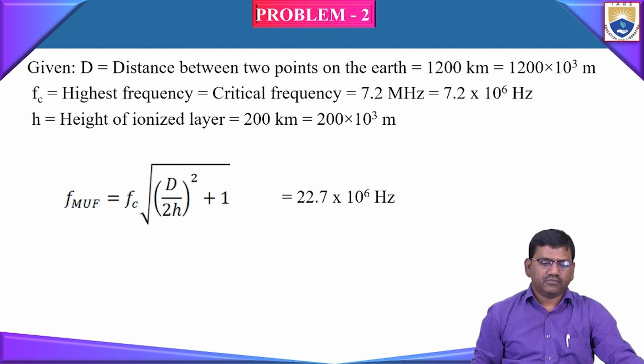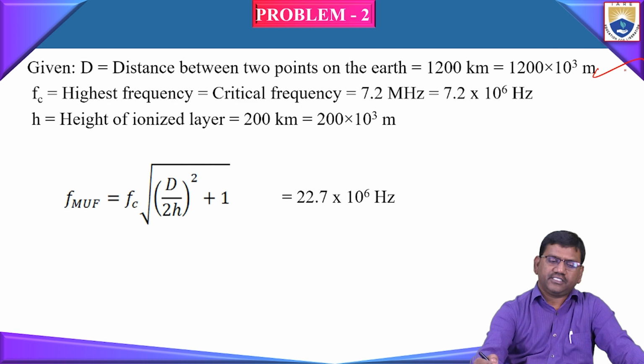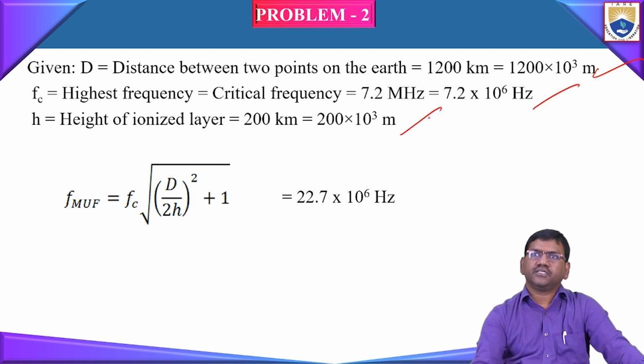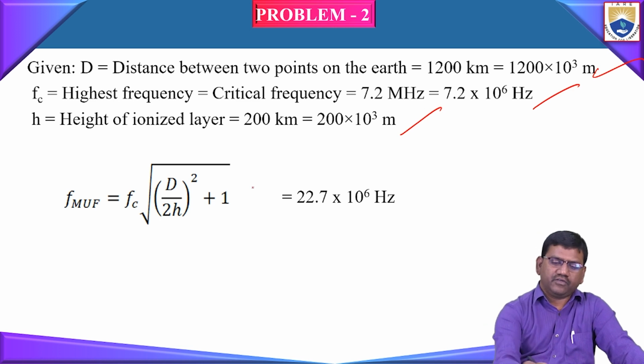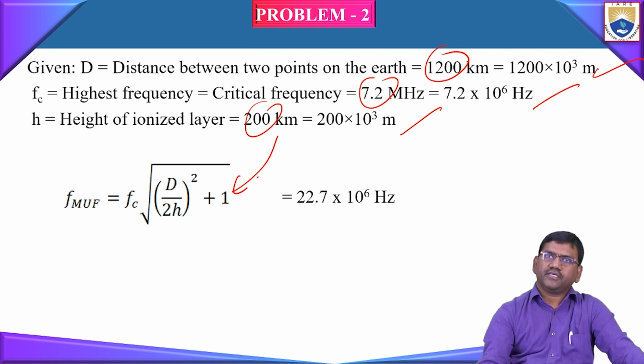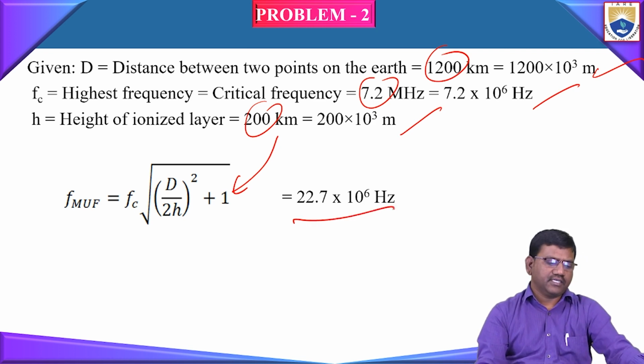So this is the problem 2. The given data: 1200 distance, FC is 7.2, and the height of the region is 200 into 10 power 3. And from this we substitute all this data in this problem here, and we get the answer as 22.7 into 10 power 6 hertz here.